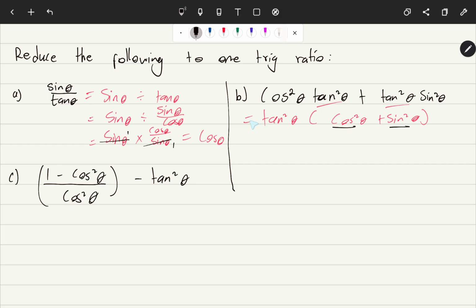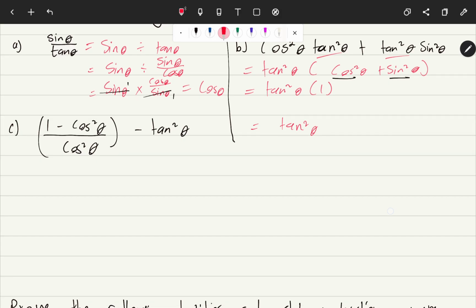It's the last identity we proved. So cos squared theta plus sine squared theta is equal to what? It's equal to 1. So your final answer is just tan squared theta. Then you are done with this problem. Okay, cool.